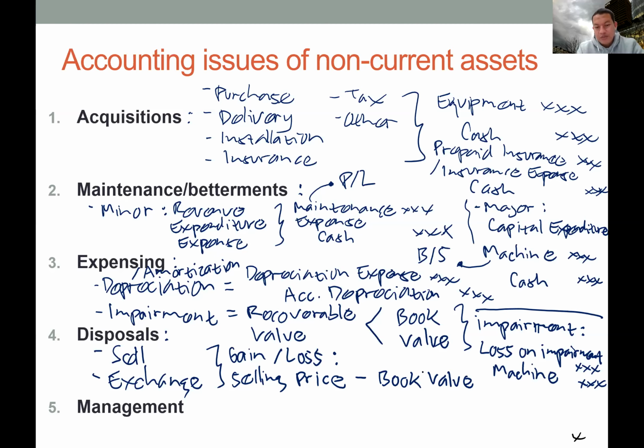Okay, if the selling price is higher than the book value, then we get the gain. If the selling price is lower than the book value, then we have a loss. Okay, so in terms of exchange, we simply replace this with the value of the new asset. Okay, so the value of the new asset minus the book value, we get the same gain or loss.